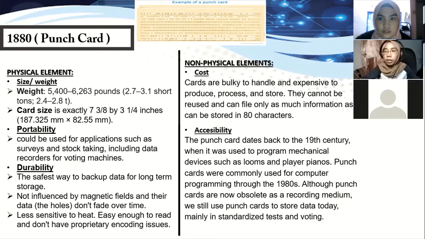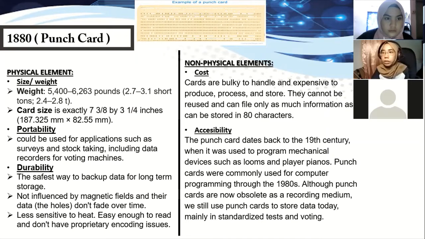A punch card is a piece of stiff paper that can be used to contain digital data represented by the presence or absence of holes in predefined positions. Digital data can be used for data processing applications or used to directly control automated machinery.